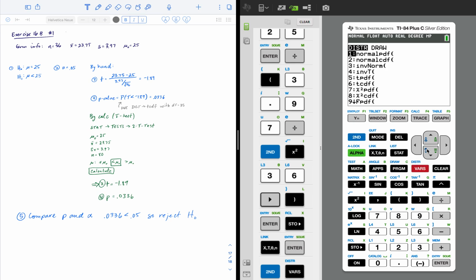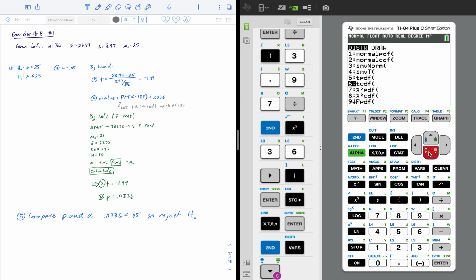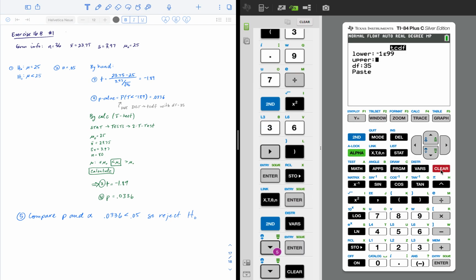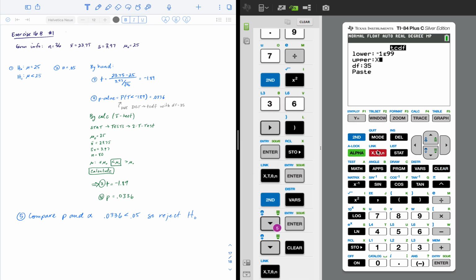It's a t distribution. We're going to go to the t-CDF, cumulative distribution. We want the less than, so negative infinity will be our lower bound, or negative 1E99. Our upper bound, instead of using the rounded version, I'm just going to use x here since I stored that as x.